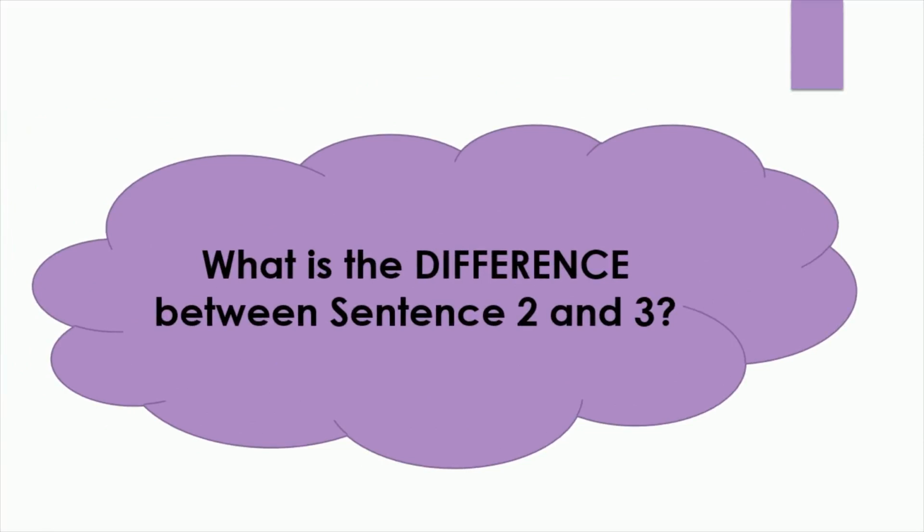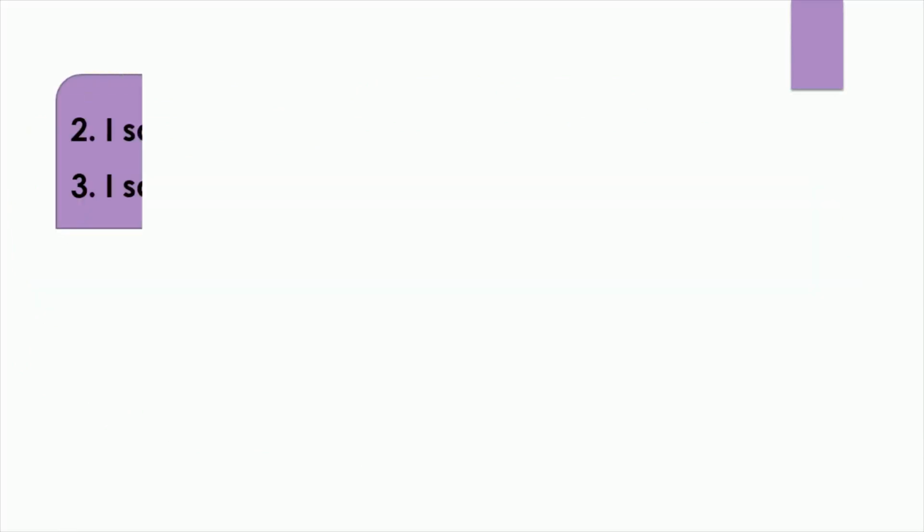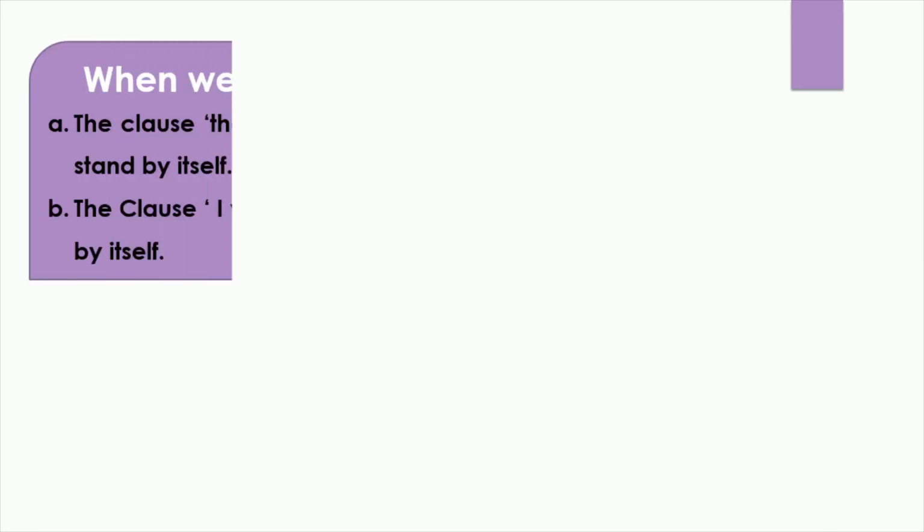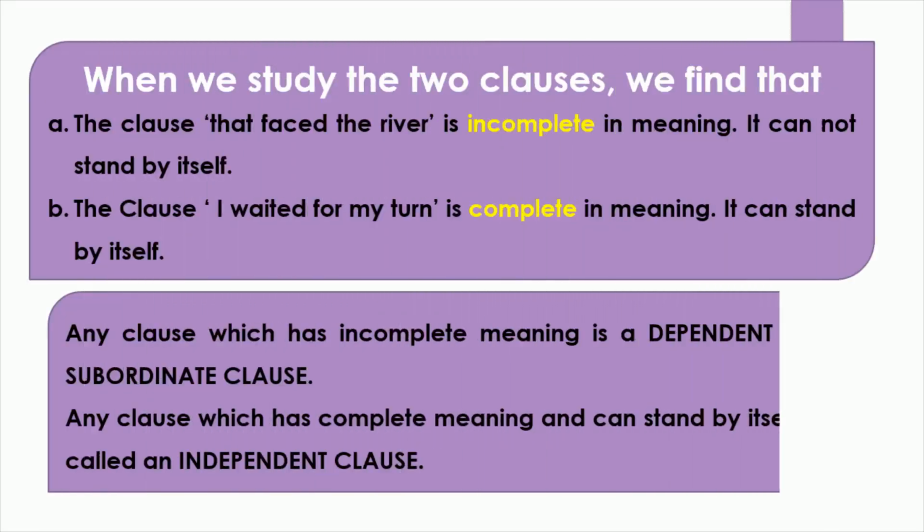If both the sentences, sentence 2 and sentence 3, have two clauses each, then what is the difference between the two? When we study both the sentences again, we realize that the clause I sat in the lawn is common to both. So, whatever is the difference, it must be in the second clause. Let's carefully examine the second clause of each sentence.